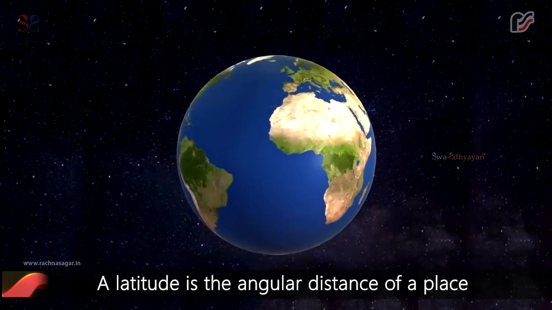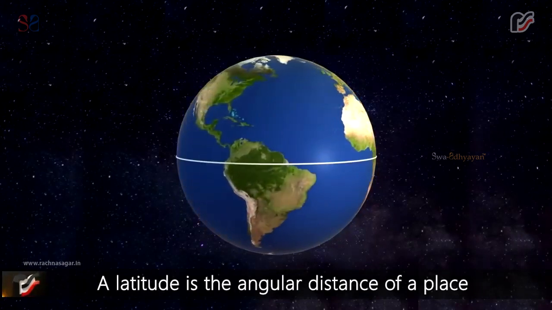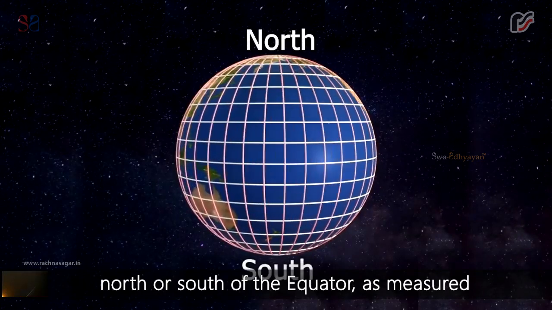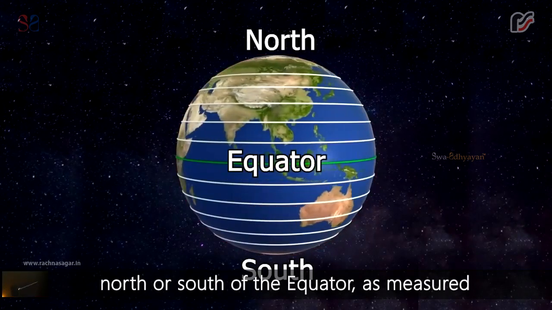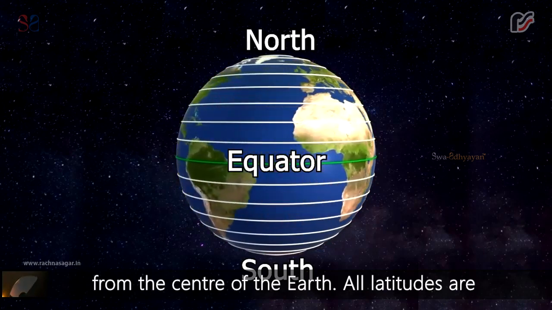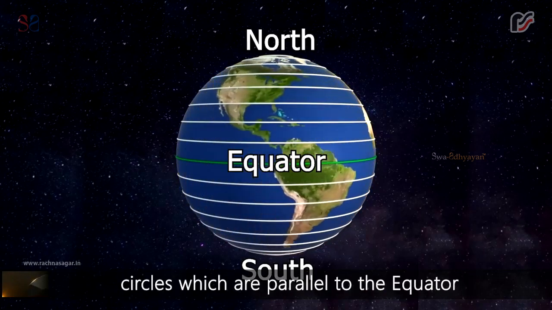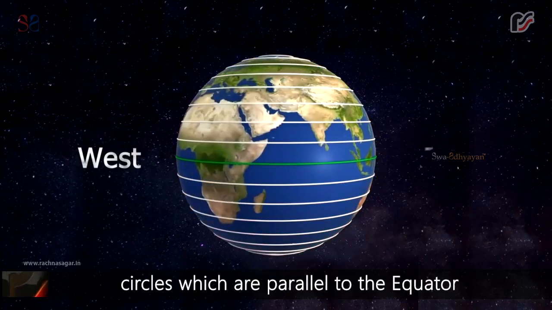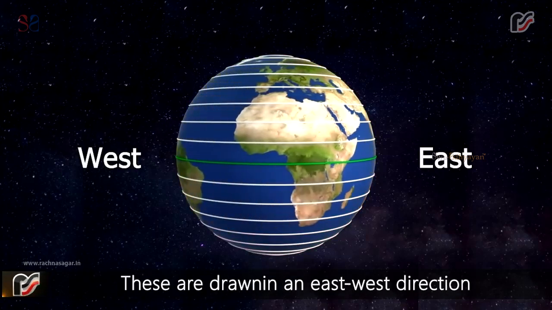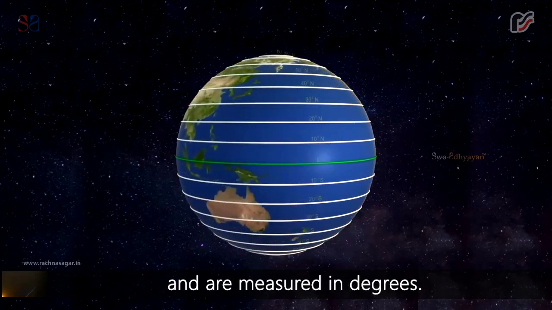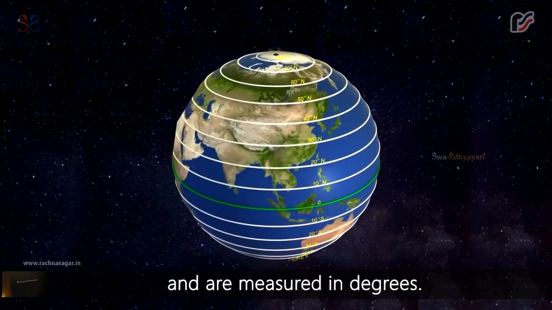A latitude is the angular distance of a place north or south of the equator as measured from the center of the earth. All latitudes are circles which are parallel to the equator. These are drawn in an east-west direction and are measured in degrees.